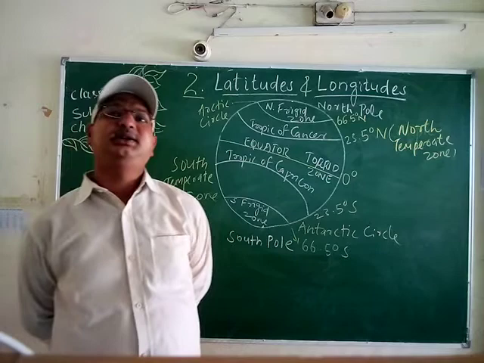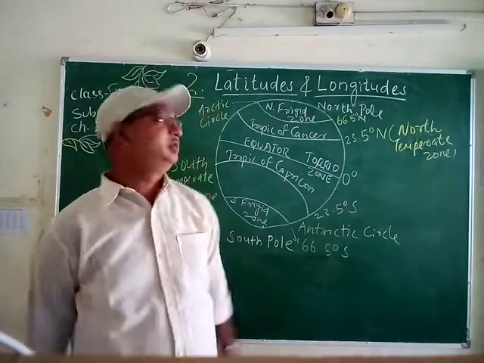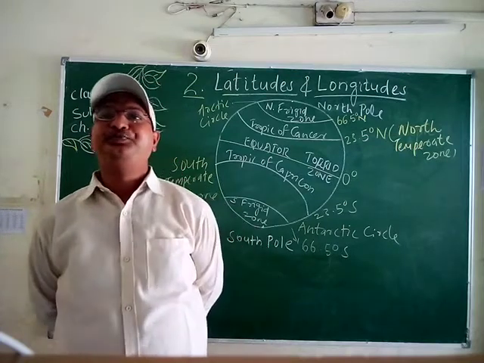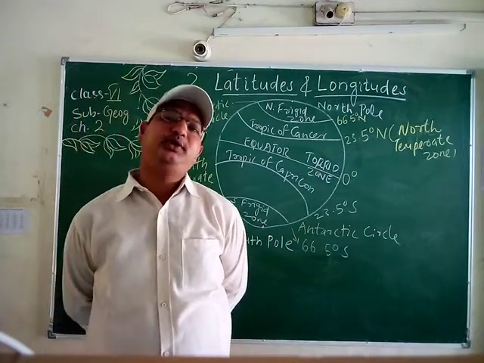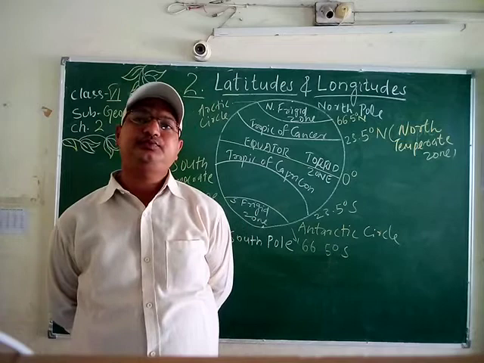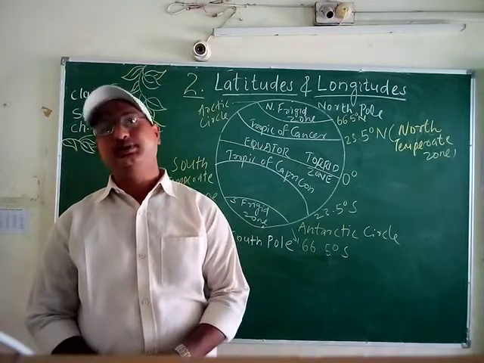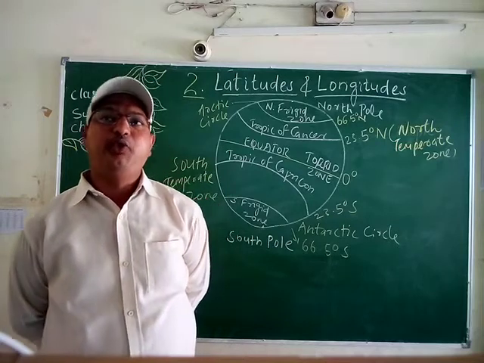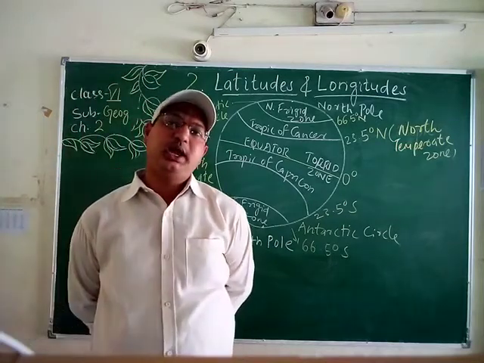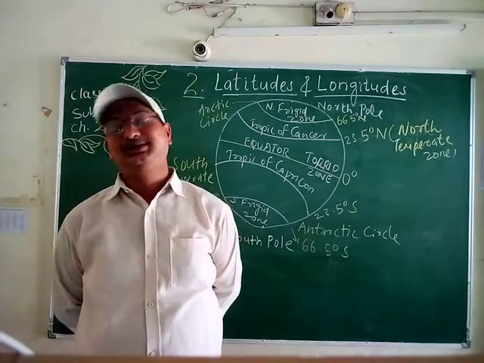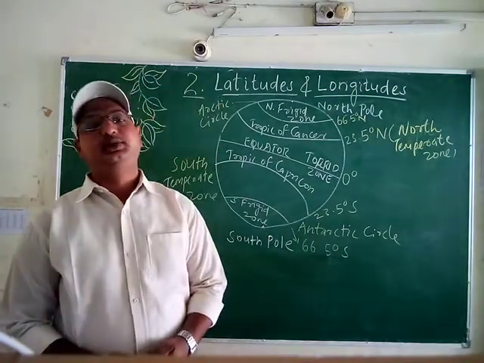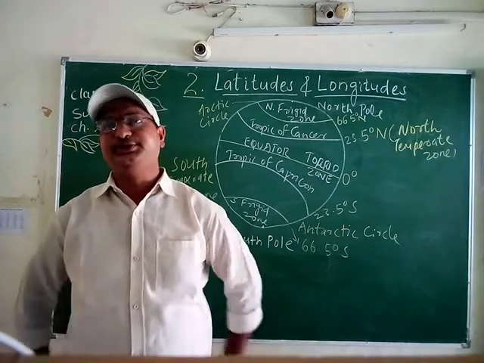The Arctic Circle is 66.5 degrees north, I have written here, and the Antarctic Circle is 66.5 degrees south. The latitude of an area determines to a great extent its weather, climate and direction of winds. It decides the particular region's climate and different weather conditions.